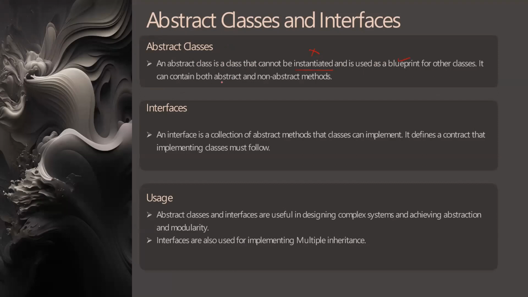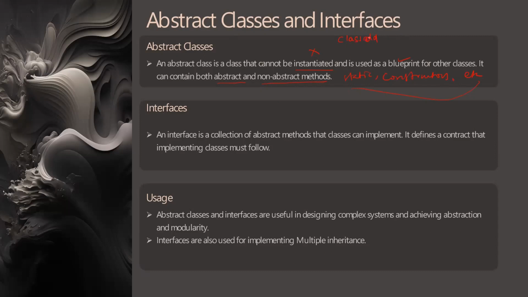It can contain abstract methods, non-abstract methods, static methods, and constructors, etc. Now, what is the difference from a normal class? Suppose class add is a normal class.